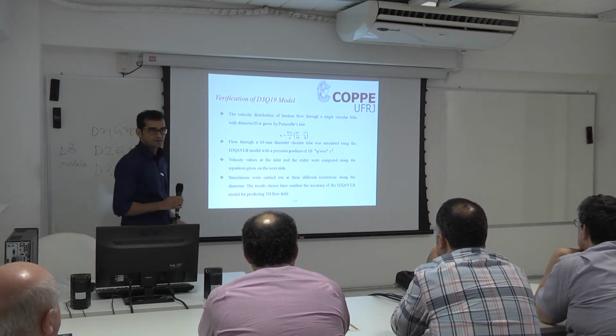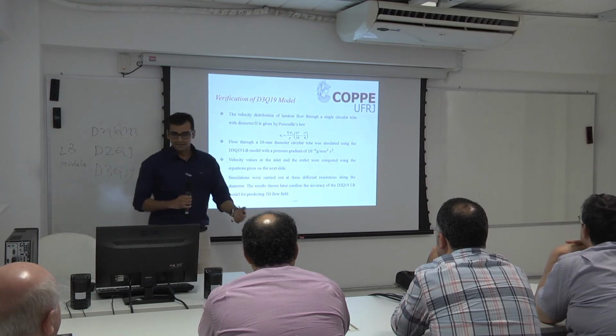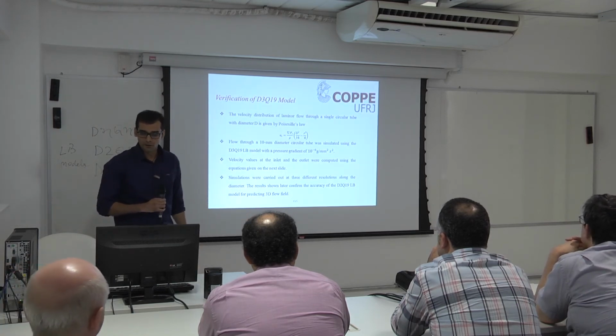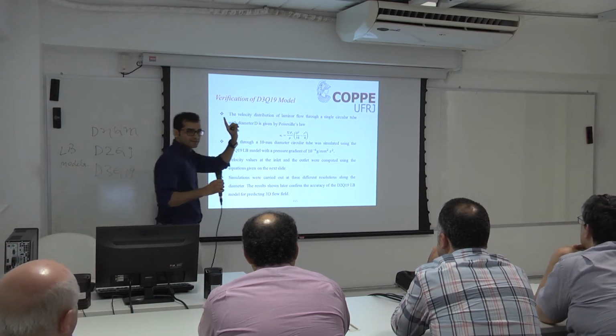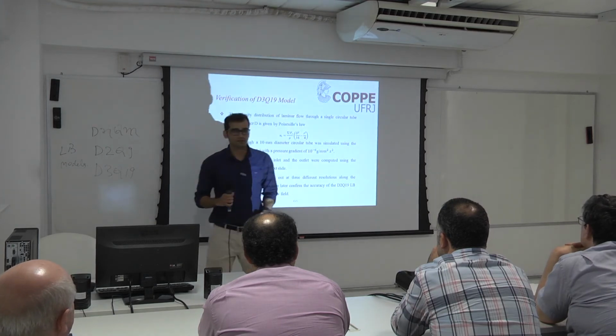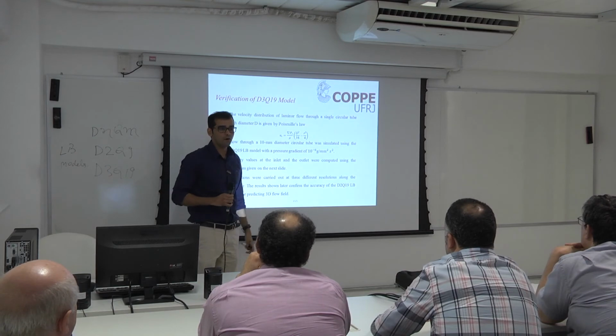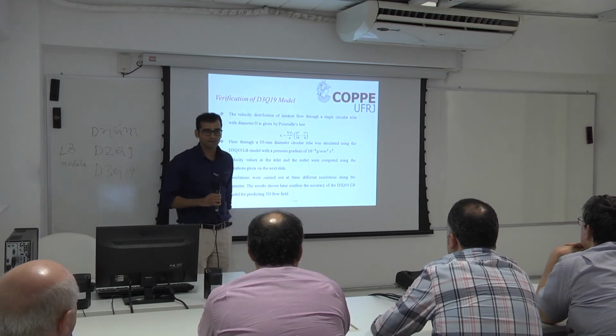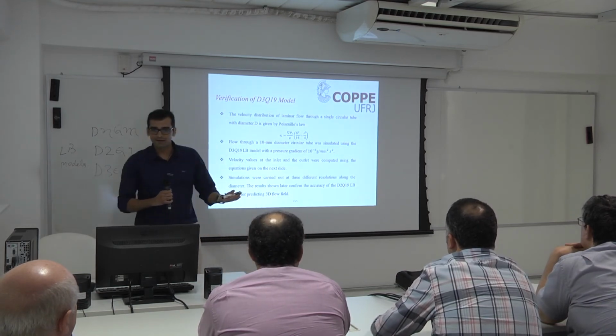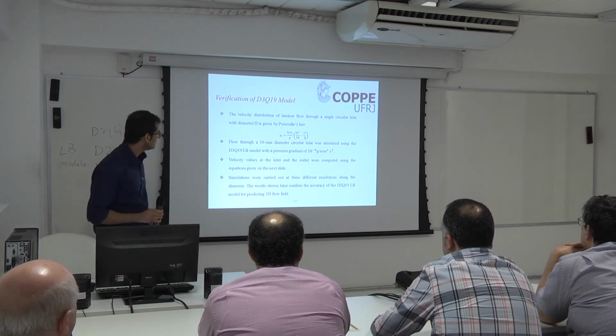Now, just coming to the end, the verification of D3Q19 model. The differences, two-dimensional, three-dimensional. In the two-dimensional case, we didn't need the Poiseuille equation or law to calculate the velocity. But in the three-dimensional case, we will need it.